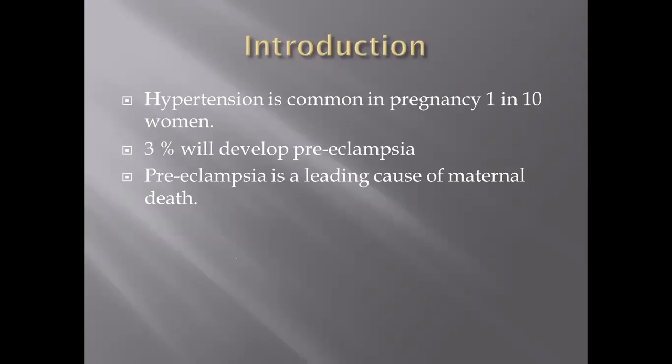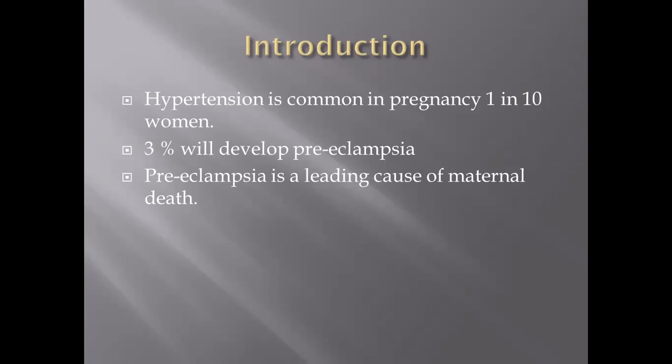Introduction. A brief introduction to the topic. Hypertension is common in pregnancy. About 1 in 10 pregnant women experience one or more episodes of high blood pressure prior to delivery.